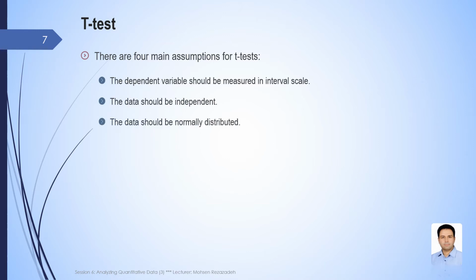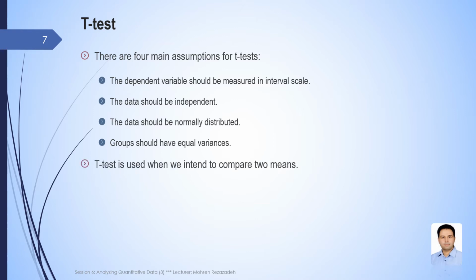Third, the data should be normally distributed. And finally, groups should have equal variances. These are the main assumptions that should be met prior to running the t-test. If one of these assumptions can't be met, then you cannot use the t-test.